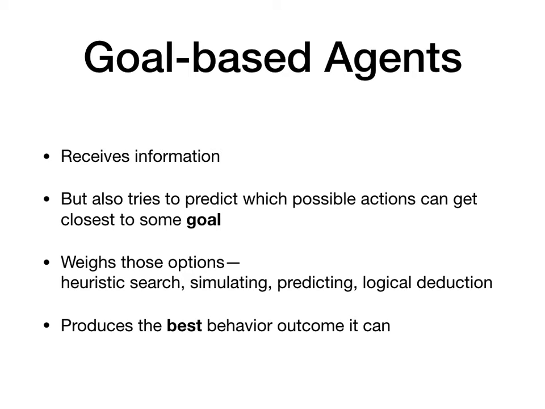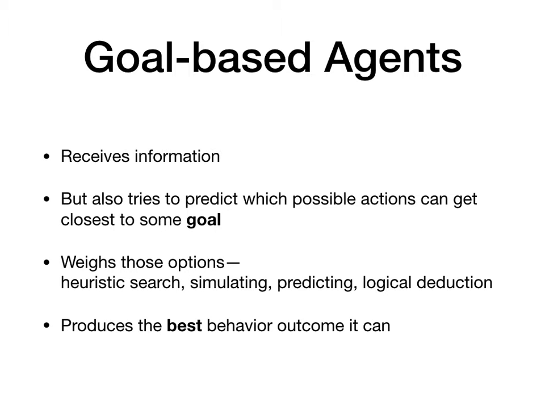It has some kind of heuristic search or prediction that it's making, simulation, deduction of logic, whatever it might be. It has a way of comparing different opportunities, different options. This has a lot to do with that same kind of heuristic search we talked about in the past, right? How can I search the state space for my ideal options? And then it will choose the best behavior it can figure out.